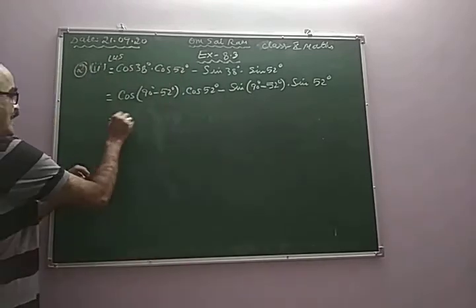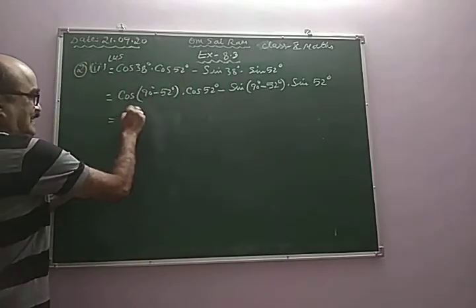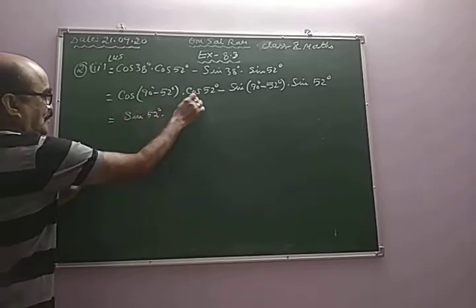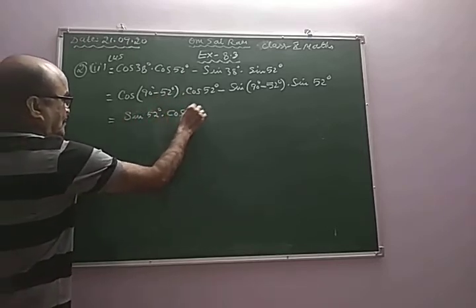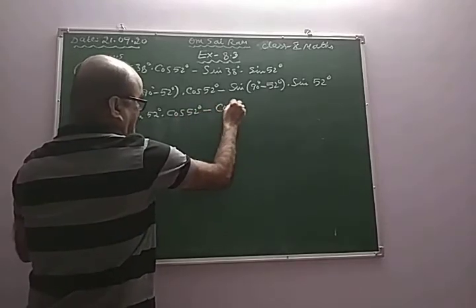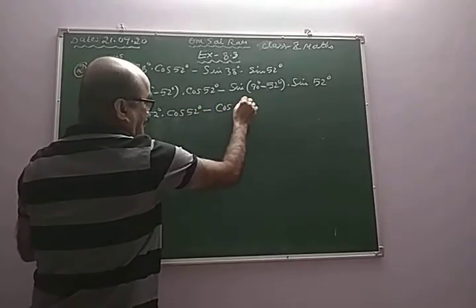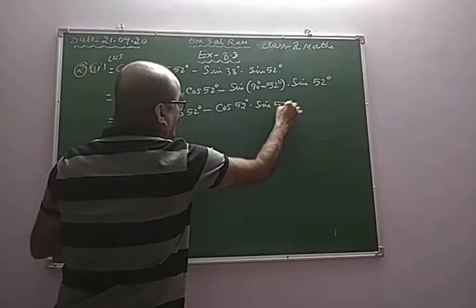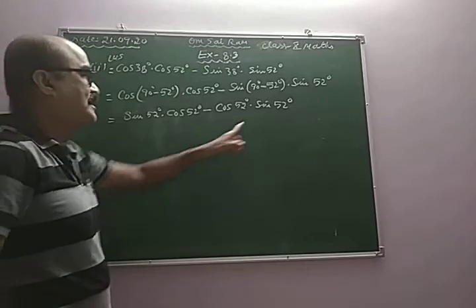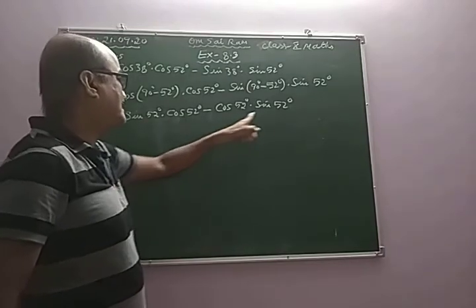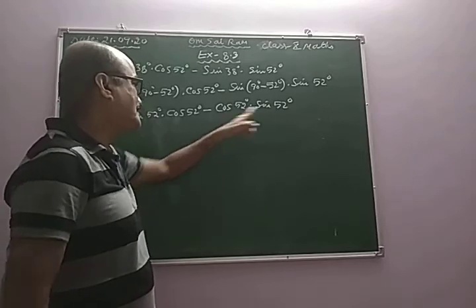So now, as we know that cos of 90 minus theta is sin theta, and theta is 52 degree, so sin 52, and this is cos 52 degree minus sin of 90 minus theta is cos theta. Theta is 52, so cos 52 into sin 52, right? So you can see the multiplication of sin 52 into cos 52 and sin 52 and cos 52 is the same.